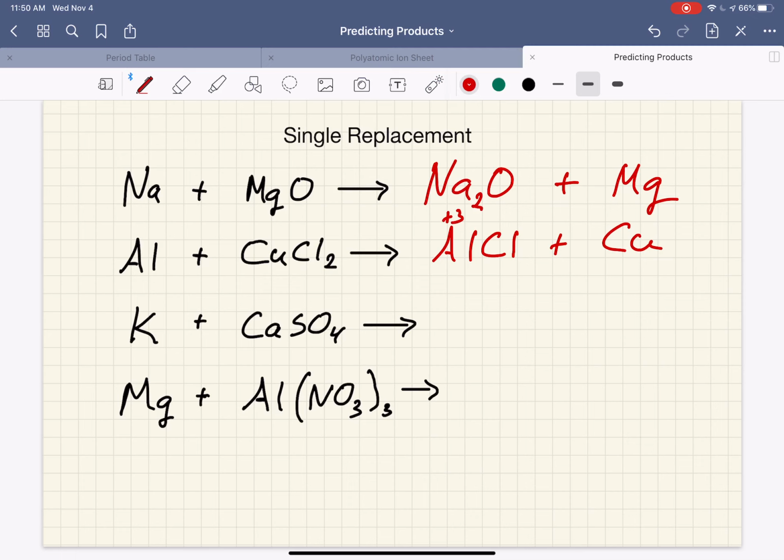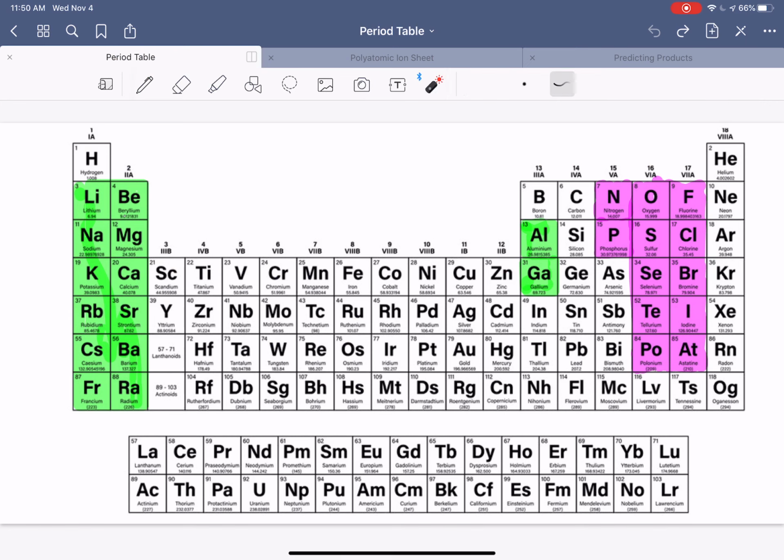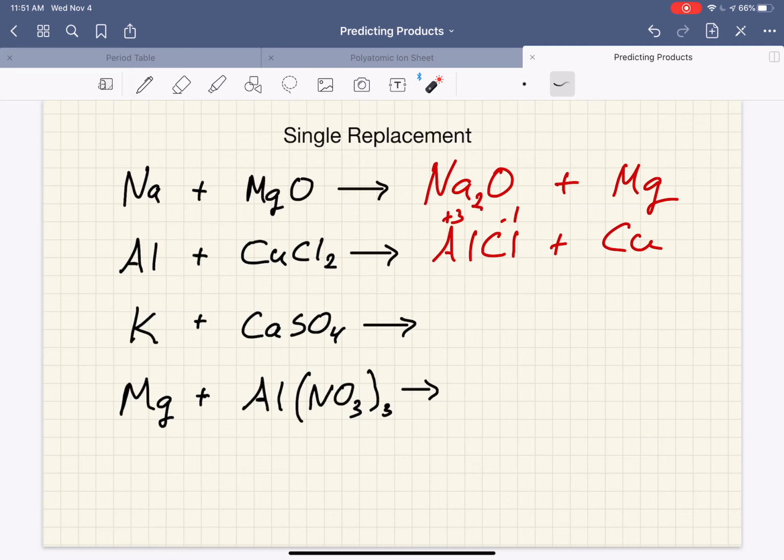Aluminum plus 3, chlorine minus 1. Brief reminder of where those come from. Positive 3 right here. Chlorine is minus 1. We need to have then 3 chlorines. Now, something that I want to address real quickly, just like I have in the other videos.